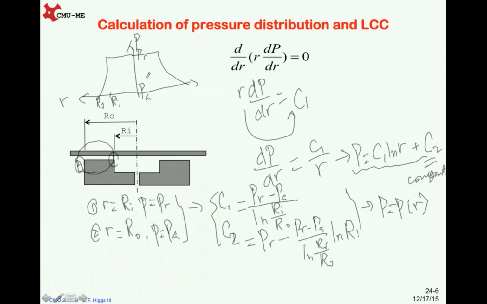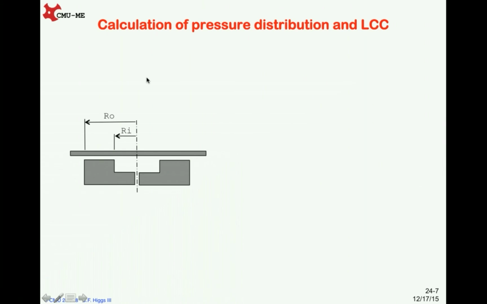And then with this pressure distribution, we can calculate the load carrying capacity. Considering the circular disc above the hydrostatic bearing has some load, we need to know the maximum value for this, which is the load carrying capacity.